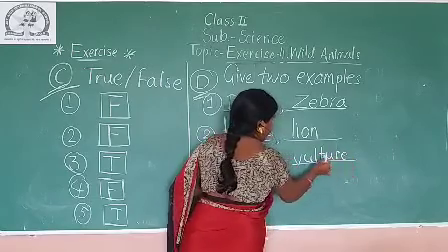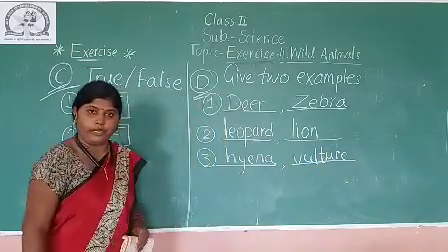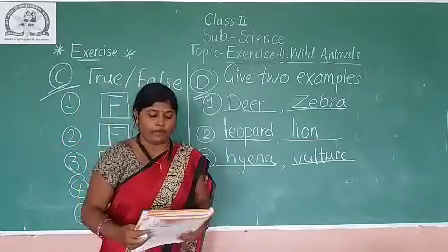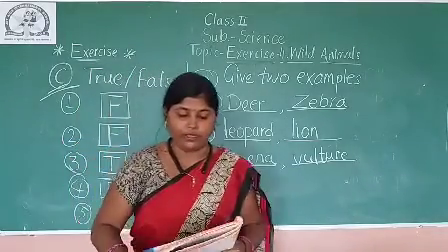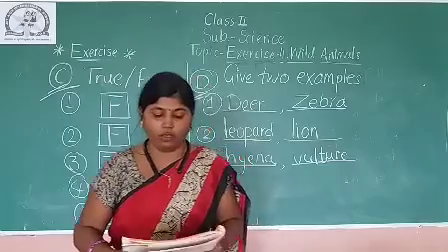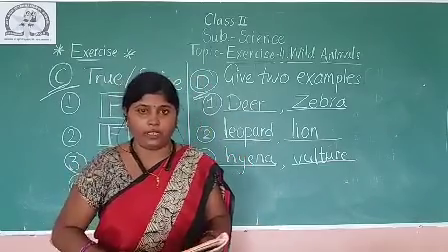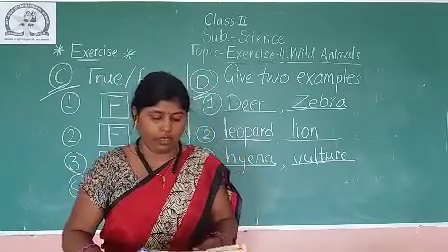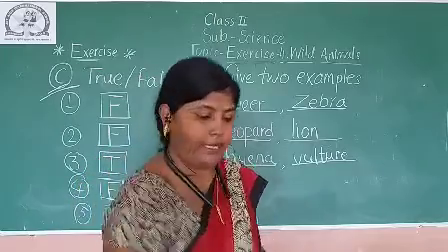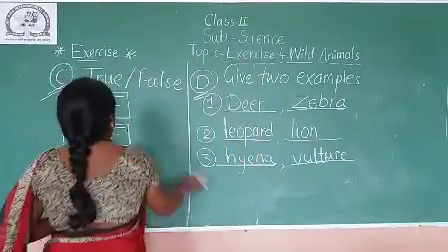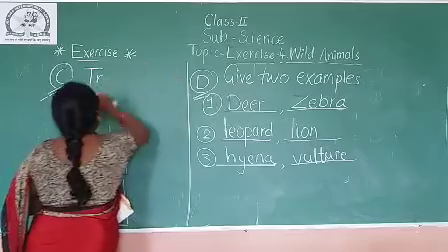Okay. So in this way you have to write 2 examples for each of the following. Now exercise E. Exercise E is: answer the following questions briefly. I am writing the answers on the board, and I will send you the answers in PDF also.